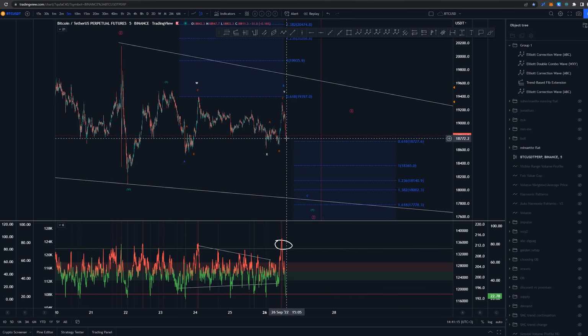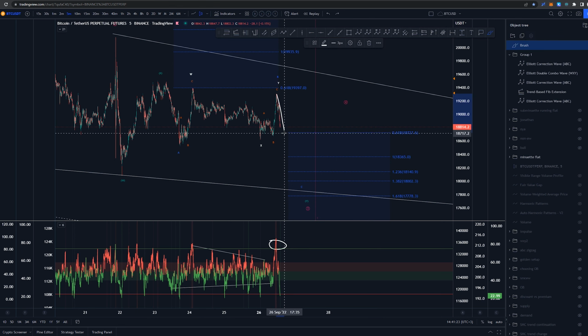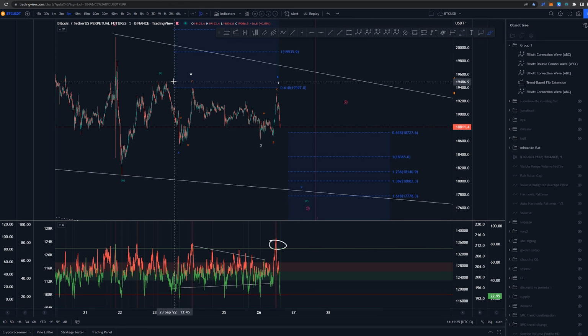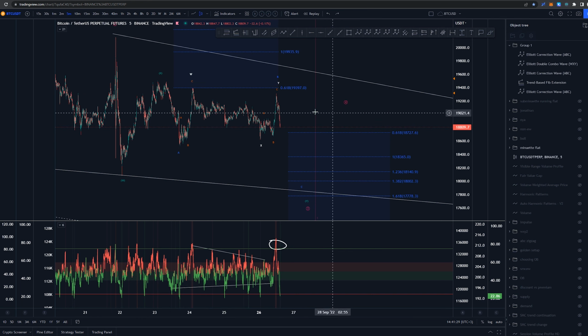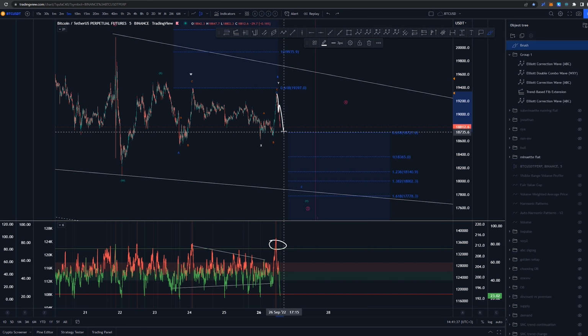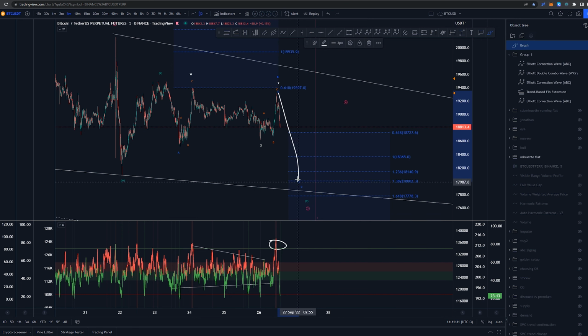The only way I can see this reaching this target that we had is that we are going to have this as a five-wave structure coming down for that C wave. So that's why I'm labeling this whole thing as an ABC. But yeah, we'll see how this turns out. We have some lower wave targets here before we can confirm the assumption that this is going to be a three or five-wave structure going downwards.